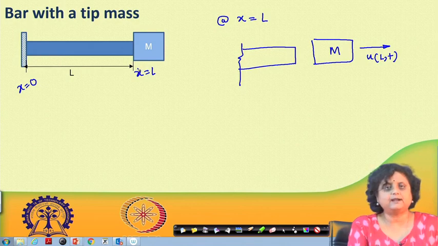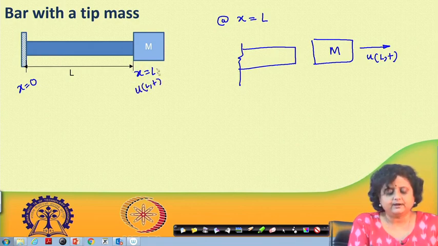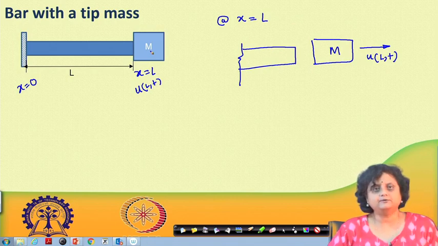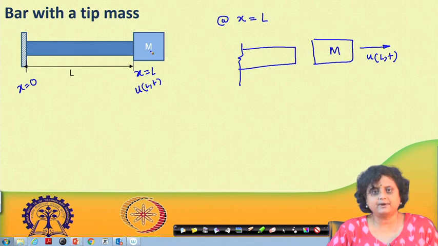The displacement at x equal to L is u L t. Therefore, the concentrated mass M is also undergoing a vibration with a degree of freedom of u L t.